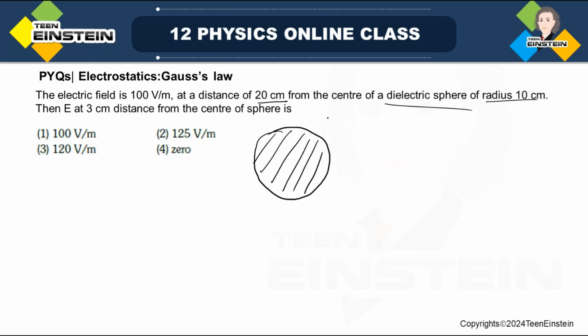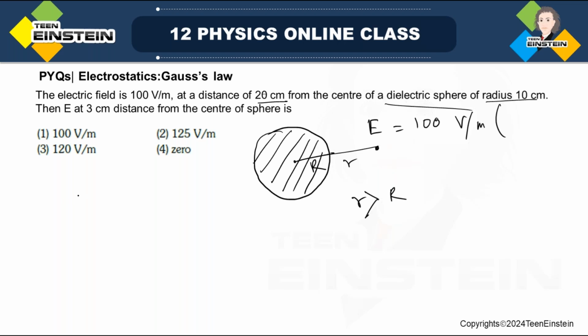And the electric field is given as 100 volt per meter at 20 centimeter. Suppose this has radius capital R, and small r is at any point, suppose here. So this small r is greater than capital R in the given case.